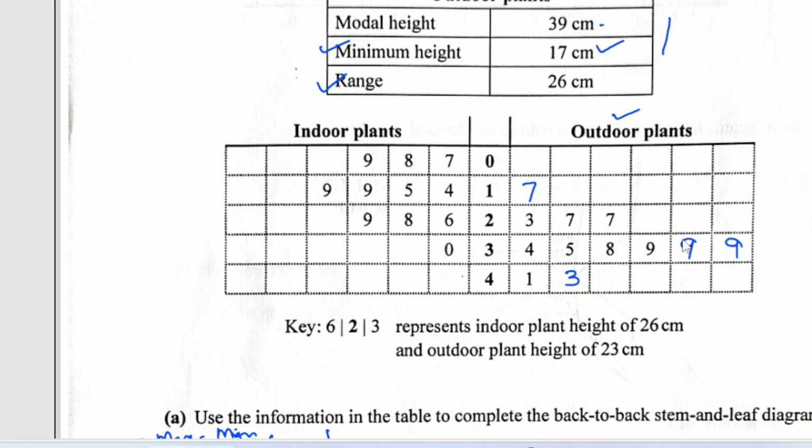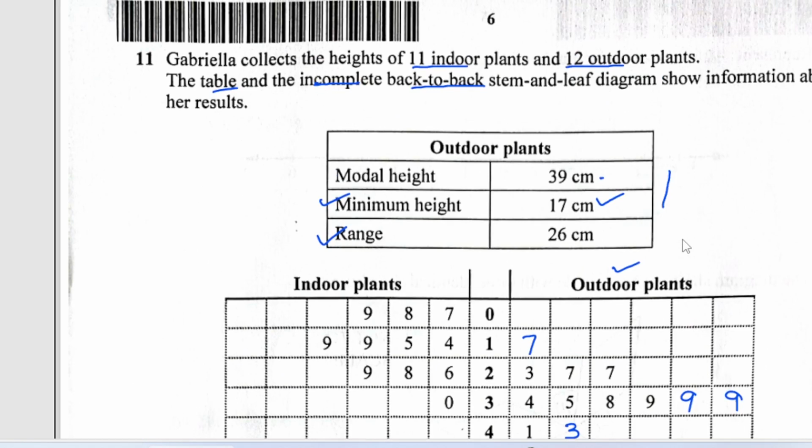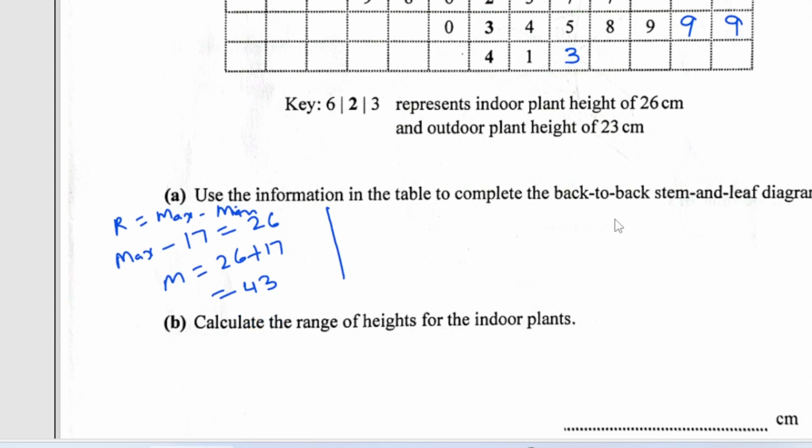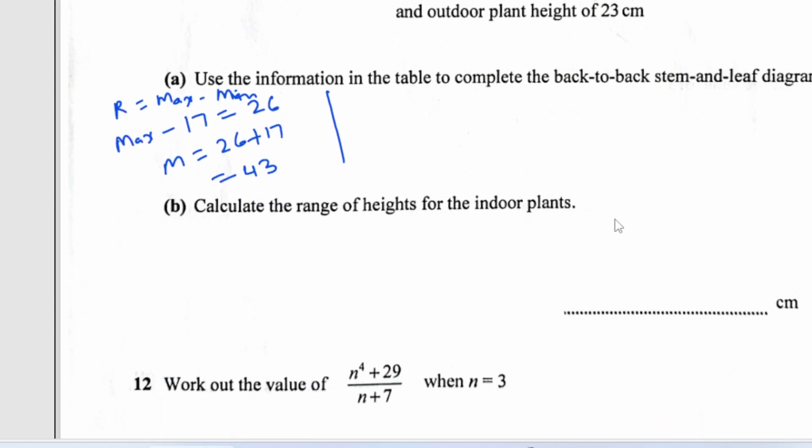So that's how it works. Now you see, the number of outdoor plants is given as 12 here, right? So we should have all these values, 12 here for outdoor: 1 2 3 4 5 6 7 8 9 10 11 and 12. So that's done. This was a 3 marks question, so you have to put some effort into that.